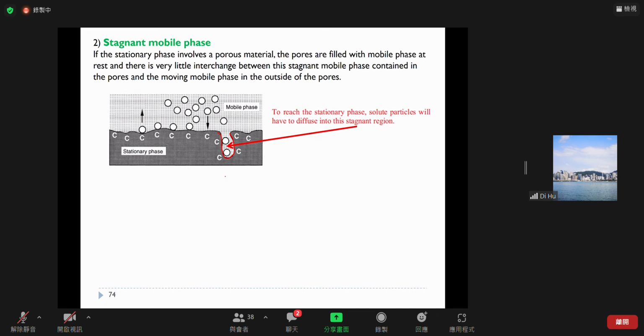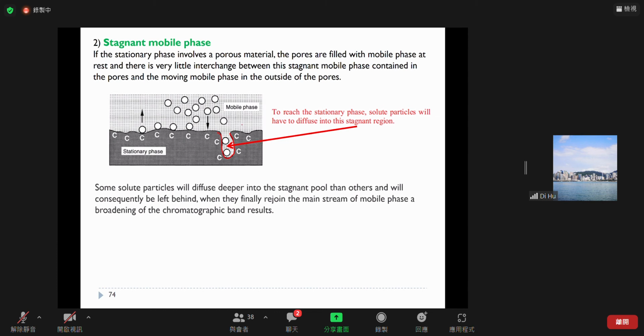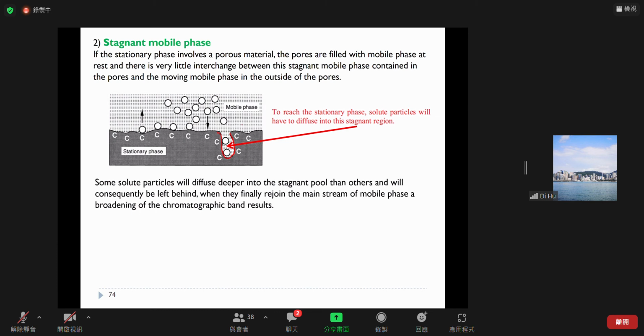Okay. So there's very little interchange between the stagnant mobile phase contained in the pores and the moving mobile phase outside the pores. However, your analyte, when it's passing through the column, can diffuse in and diffuse out, right? Some of the solute has to diffuse into the stagnant region because it's porous, and then diffuse out, and that takes time to reach equilibrium, right?